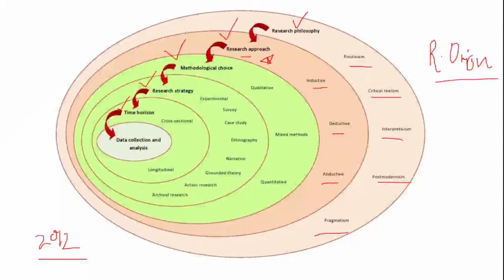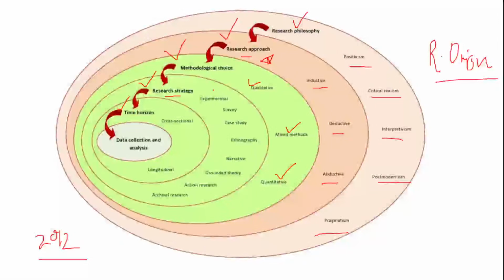Till now we were studying inductive and deductive. We are going to see one more approach today in detail, that is called the abductive approach. Apart from that, methodological choices, which we have already done, are qualitative, mixed methods and quantitative methods. We have already completed this in the first class.